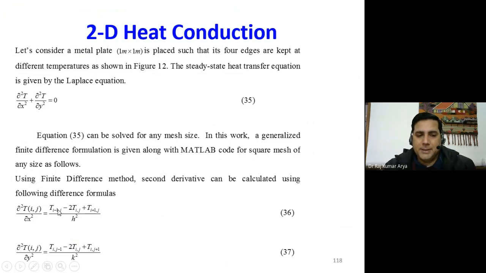Fine. Same way in the bottom one, now you are fixing your i and changing your j. Let's say you are at a particular x, now you want to move in the y direction. Therefore you have here T i,j-1 minus 2 T i,j plus T i,j+1, and this is the variation in distance in terms of the y direction, k.